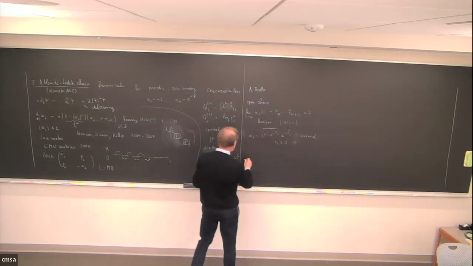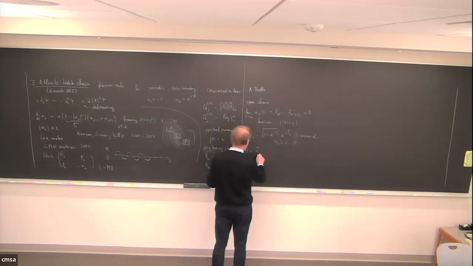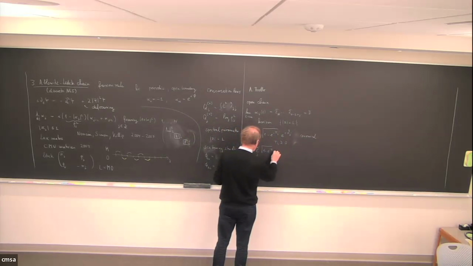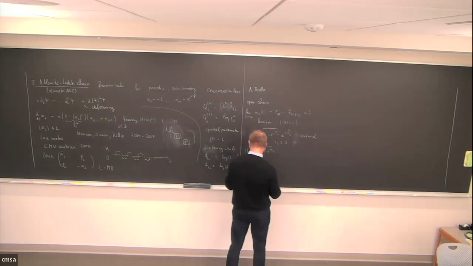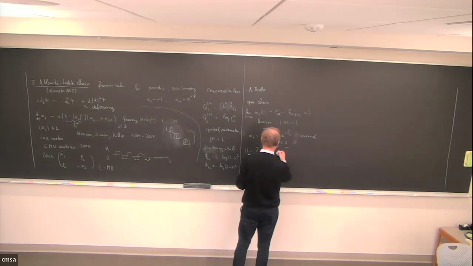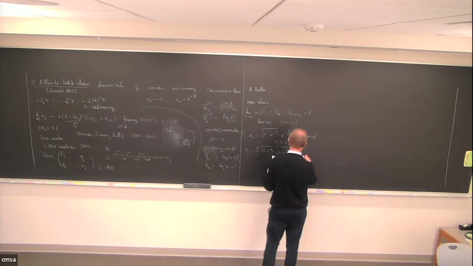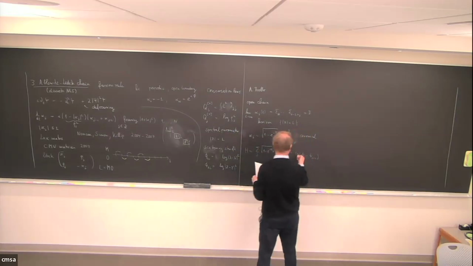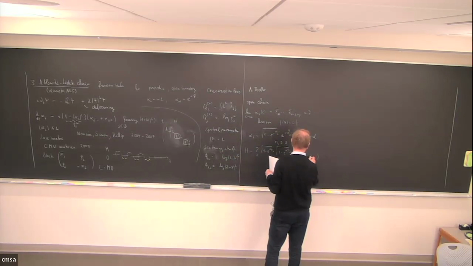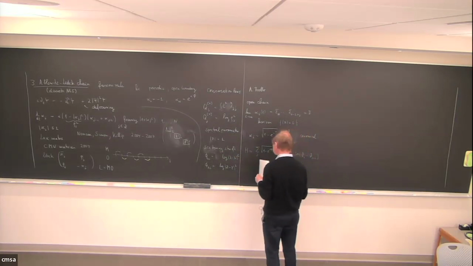And then in the new variables, you can write down what is the Hamiltonian, which is the square root of 1 minus e to the minus rj, times the square root of 1 minus e to the minus rj plus 1, and then the phases come in as theta j minus theta j plus 1.